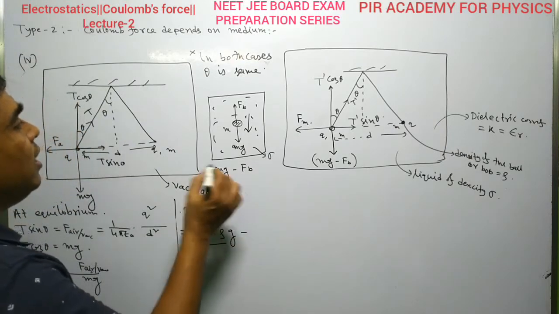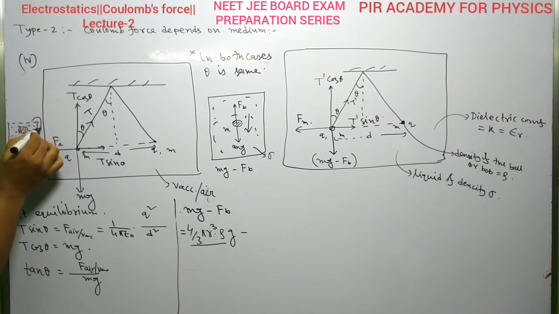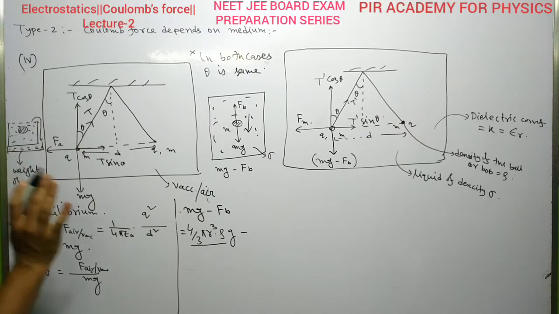Buoyancy force: if this is a container filled with liquid, and I immerse a body m, then some liquid comes out of this container, and the weight of this liquid gives the buoyancy force.